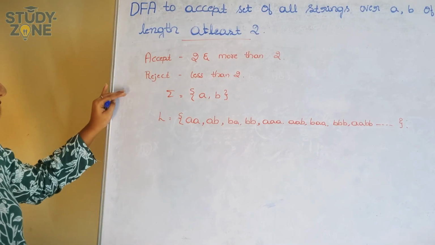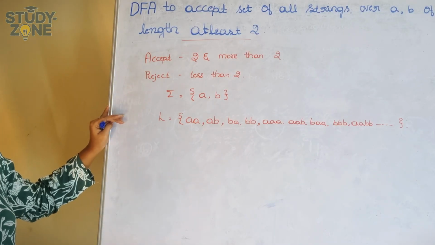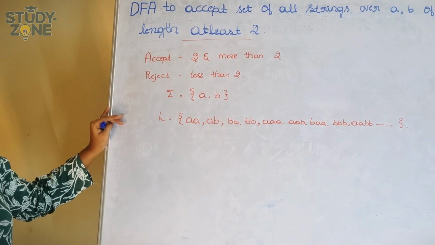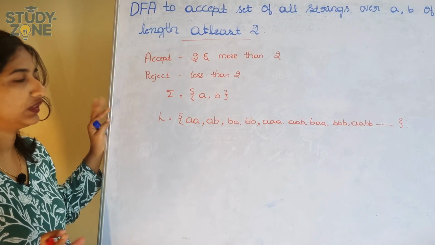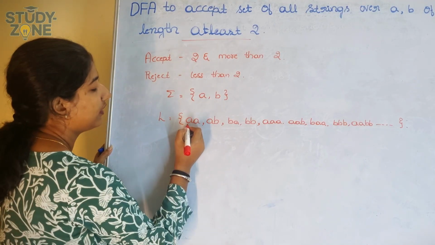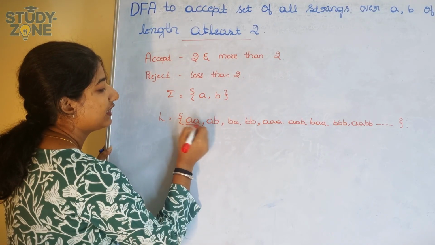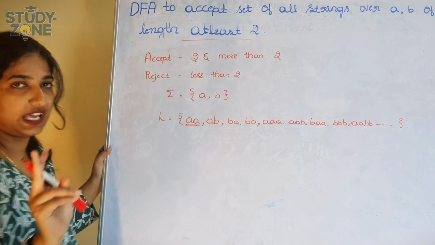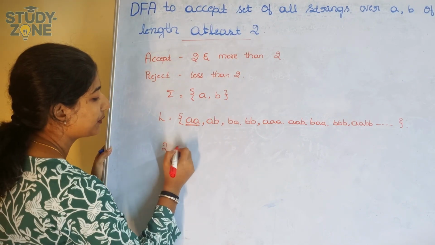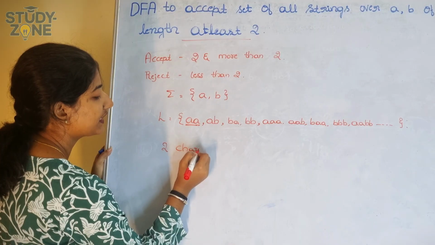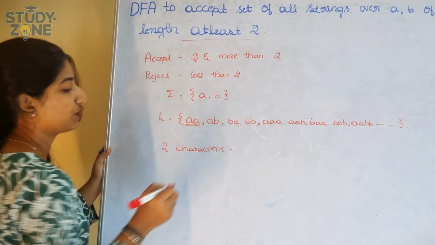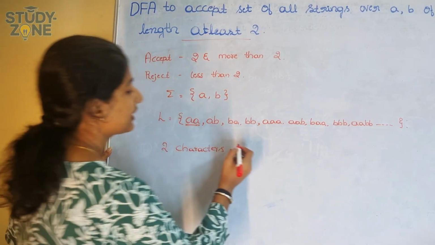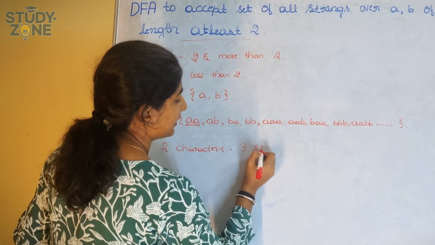So we wrote the alphabets and the language. Now we have to take the states first, right? How many states do we need to solve this problem? Look here, it's simple. In the minimum we need 2 characters. 2 characters means how many states? It has been discussed in many videos, 2 characters means 3 states.